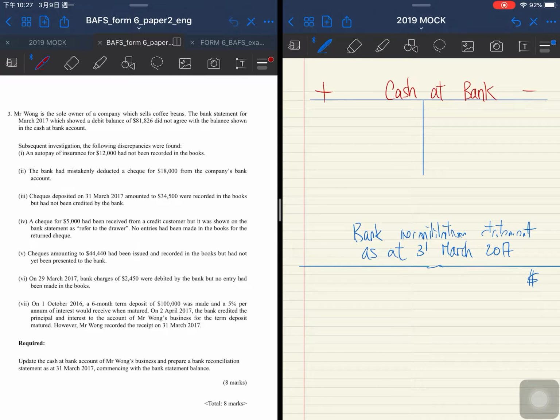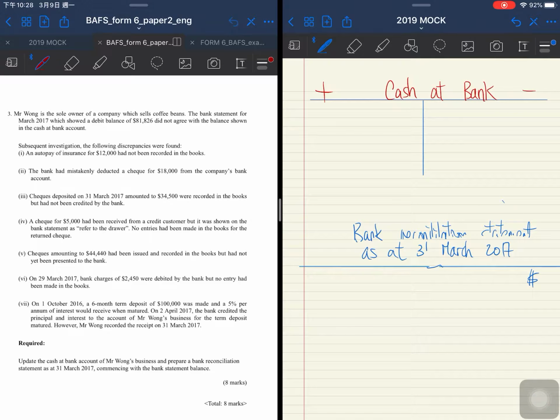The first thing we have to do is know which approach we stated in the previous part, and the second is to determine which adjustment belongs to the cash at bank account and which adjustment belongs to the BRS. So let's see the question.